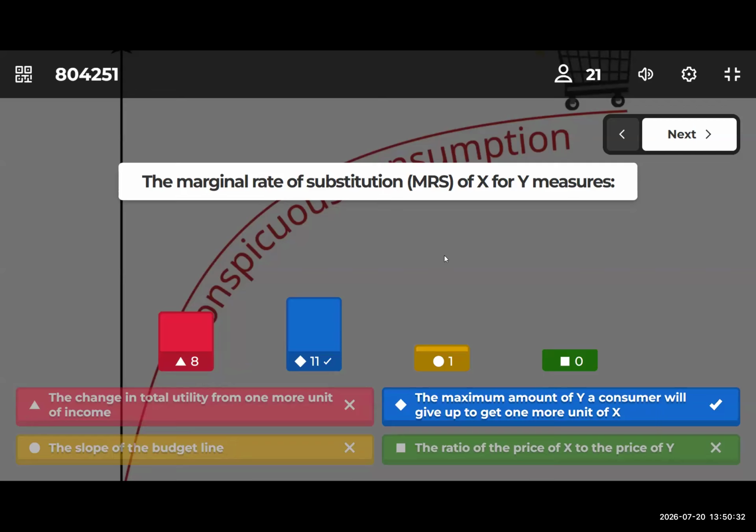It's the slope of the IC, right? So that means the change in Y over the change in X. I hope next time you see this question, you're going to answer it correctly, okay?